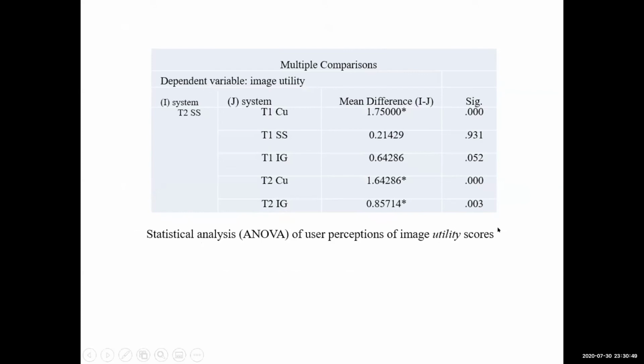Multiple comparison is used for this table, which is a sample of other statistical data presented in the paper, just to minimize the slides. For image utility, if we measure the Tukey test within the groups, we can compare task 2 with task 1 and see the significance between them, and we can measure how the user experience improved.